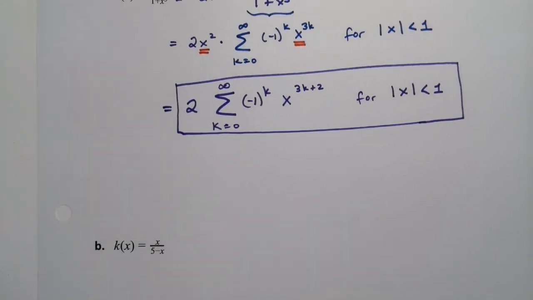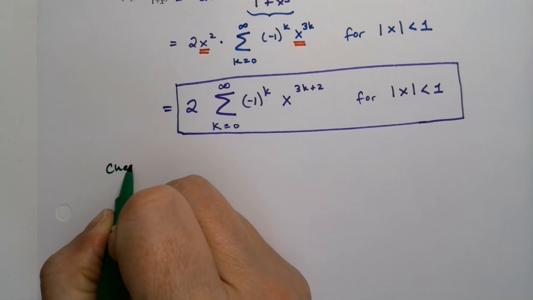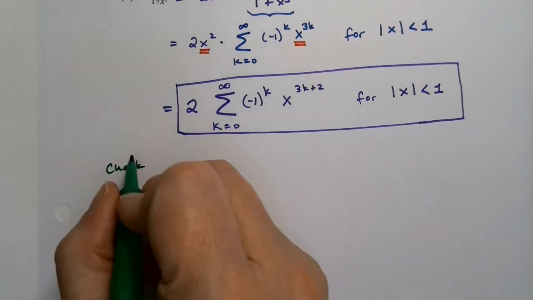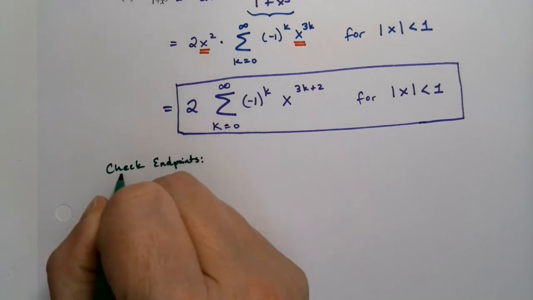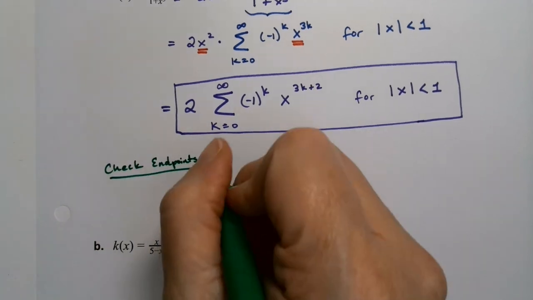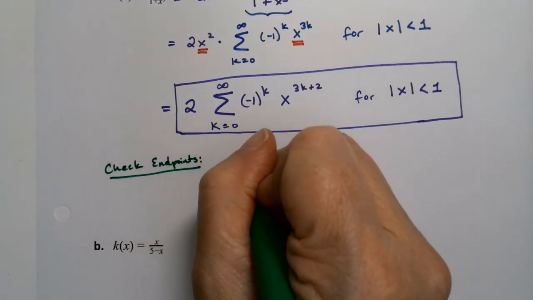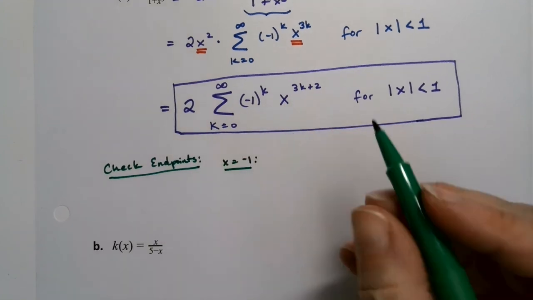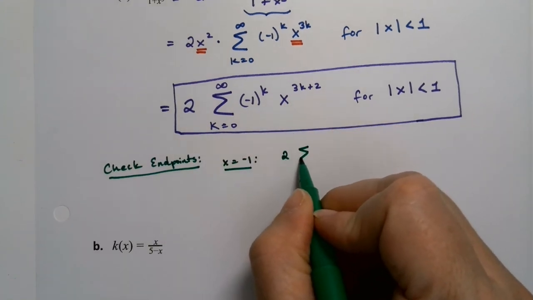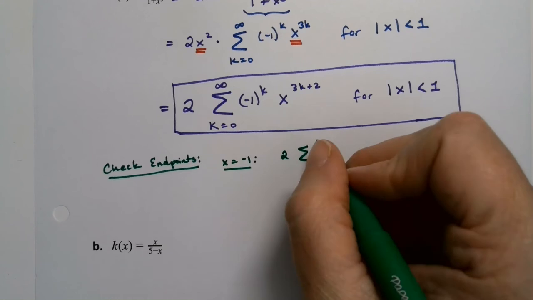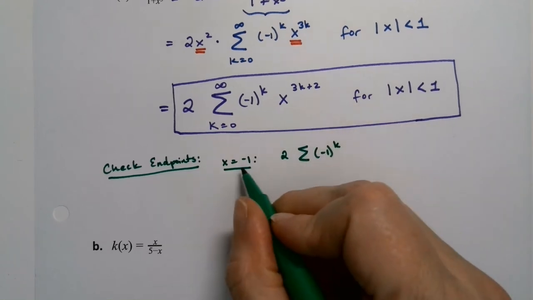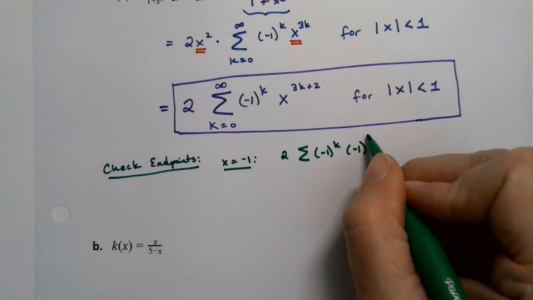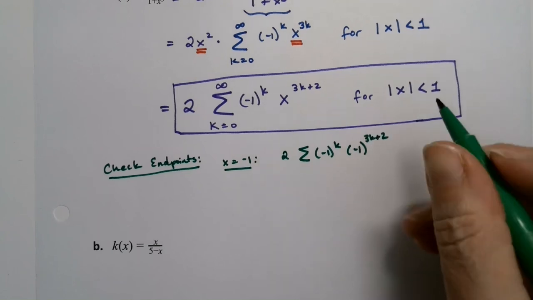So let me check them briefly, because I did change the term that has x in it. So x equals negative 1 would look like 2 times the sum, I don't really care about the 0 to infinity part, negative 1 to the k, and then negative 1 to the 3k plus 2.